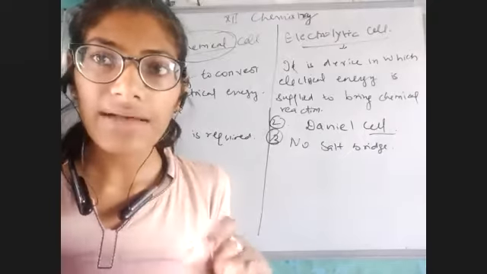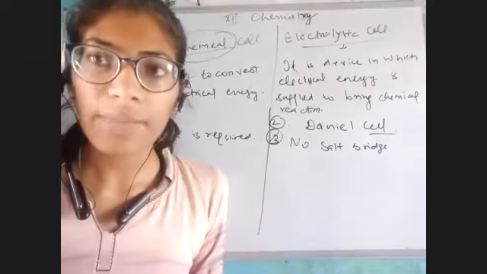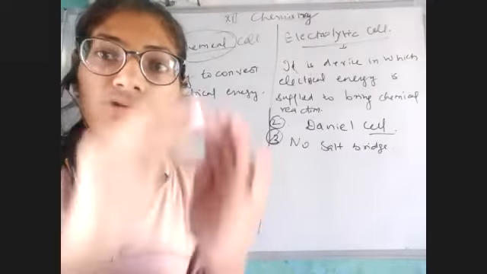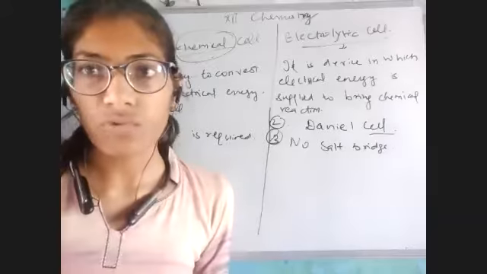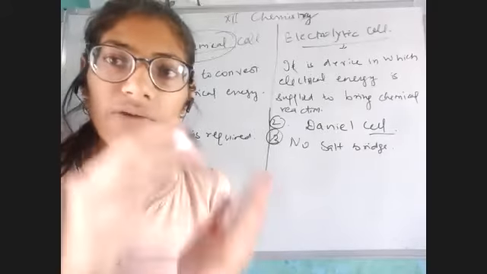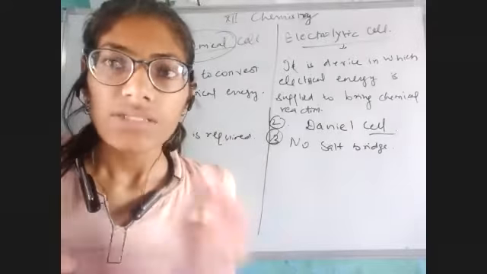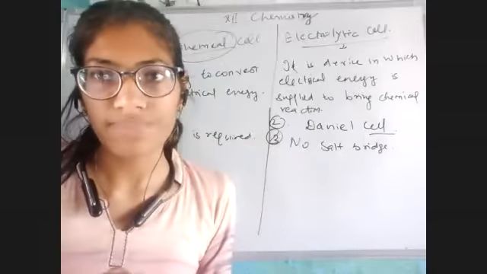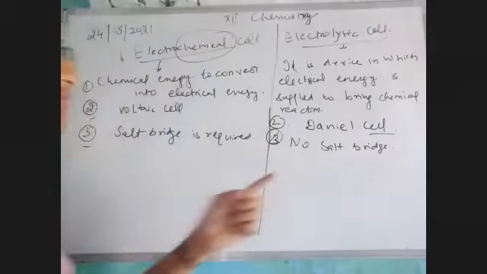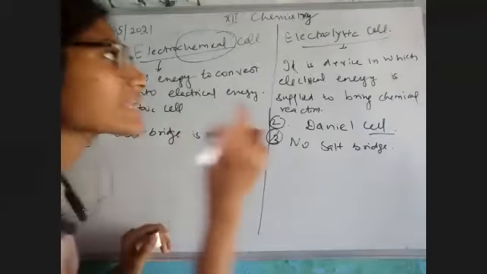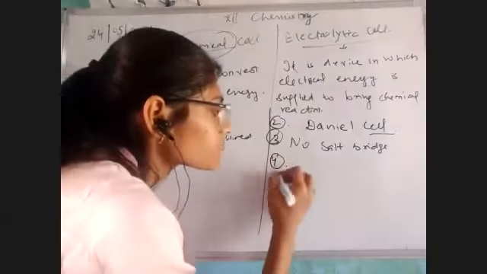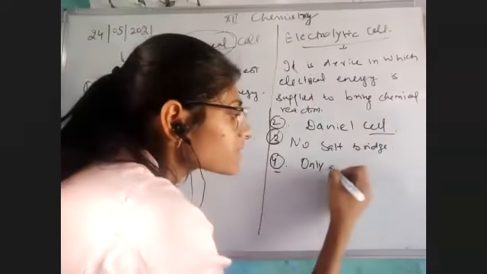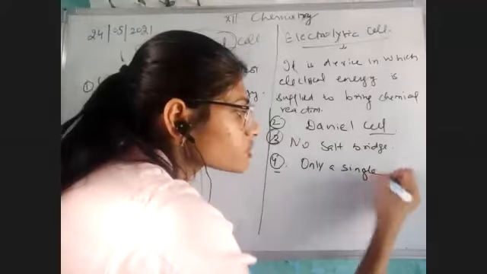Salt bridge's main work was to provide electrical neutrality, as well as to connect 2 different electrodes, right? It connects 2 different half cells so that ions or electrons can easily move without mixing of the solution. That means if there is no salt bridge required in electrolytic cell, only a single beaker completes the reaction.